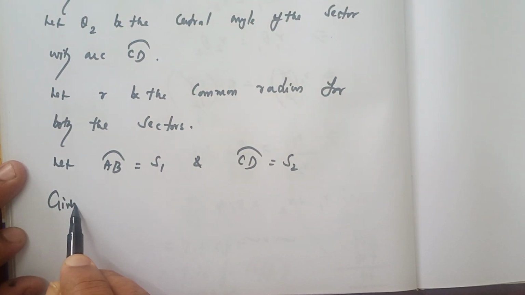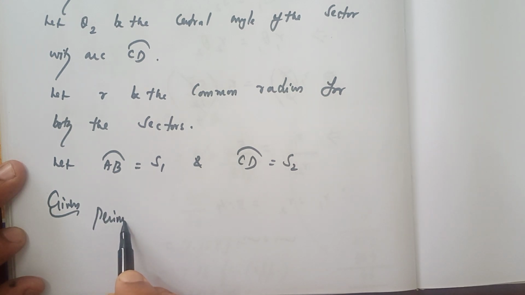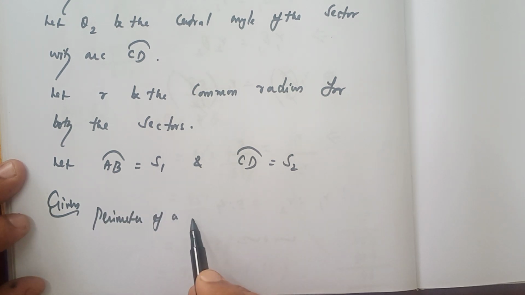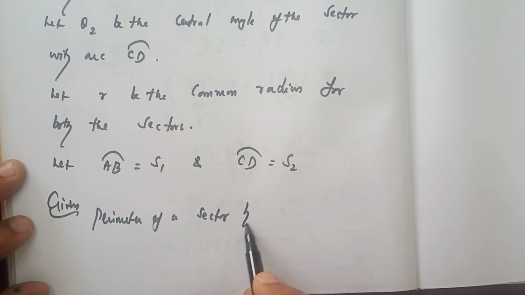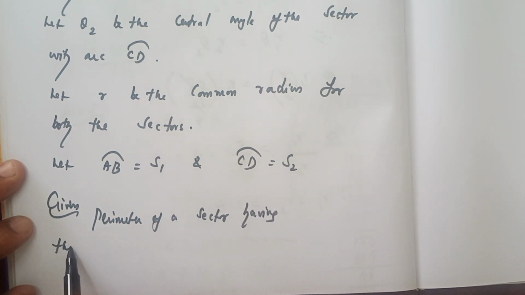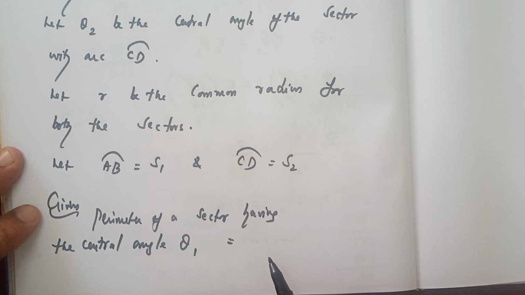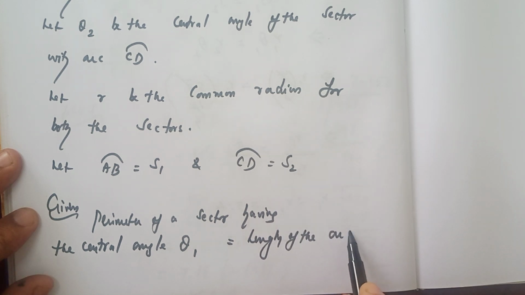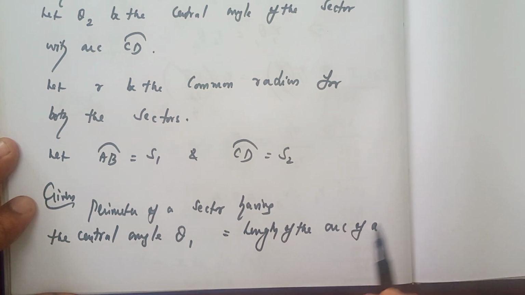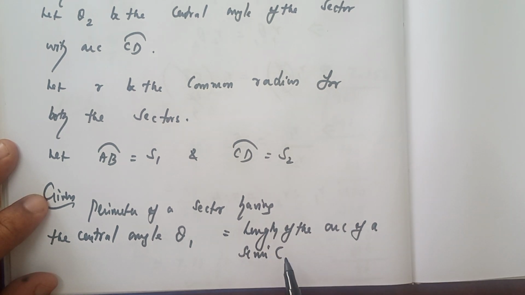Given: the perimeter of a sector having the central angle theta 1 is equal to the length of the arc of a semicircle having the same radius.